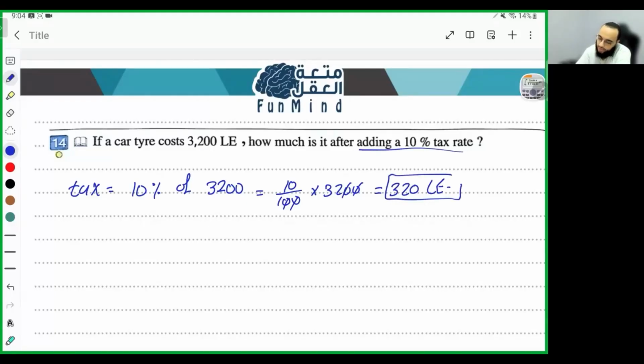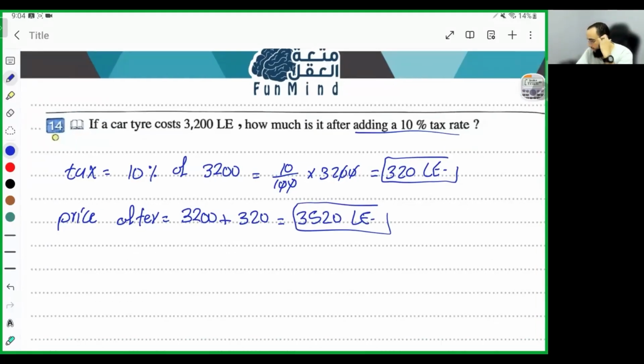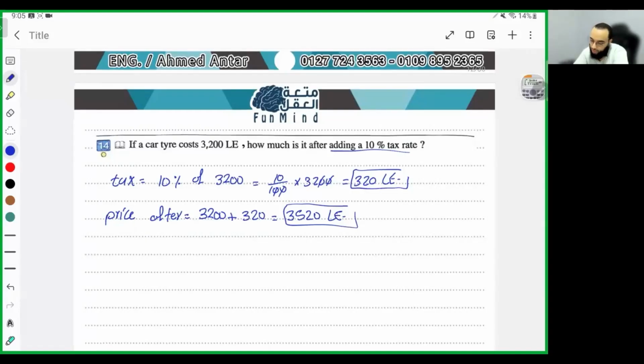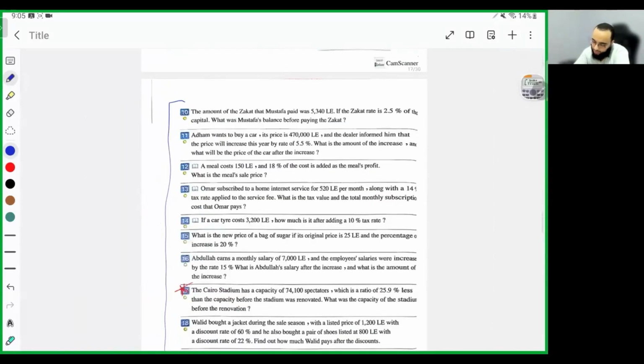Add it to the price, then the price after is 3,200 plus 320, which is 3,520. Correct? And you can do it the usual way, before, tax, and after. It's correct also. Any problem? No. Okay, let's take this one.